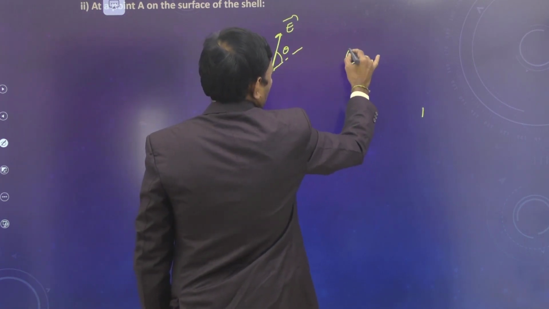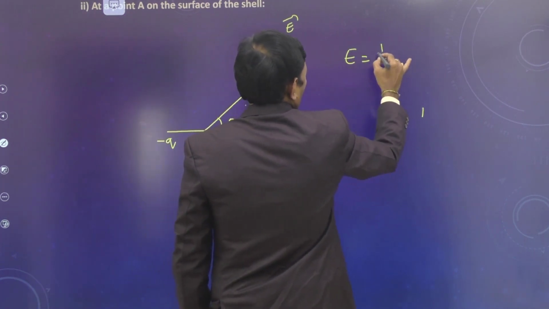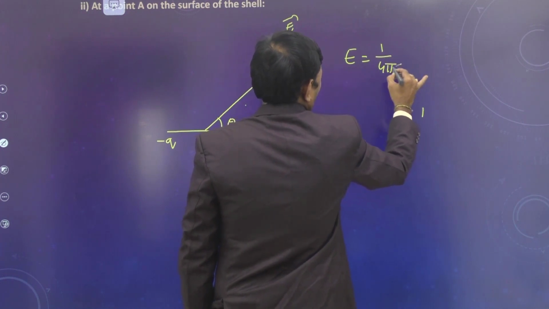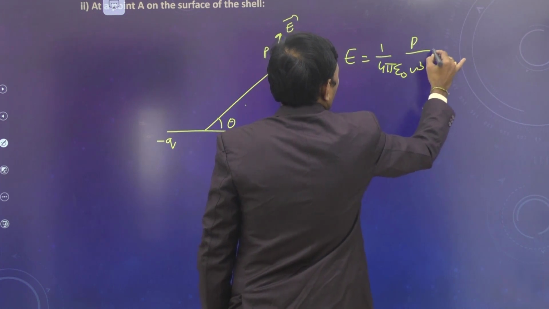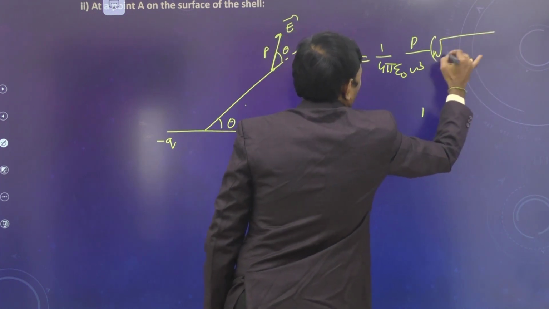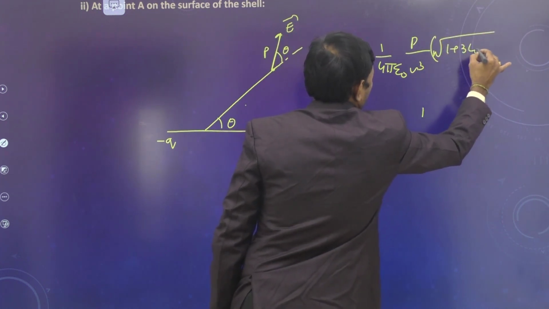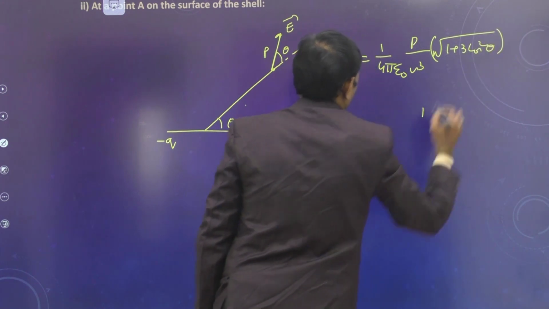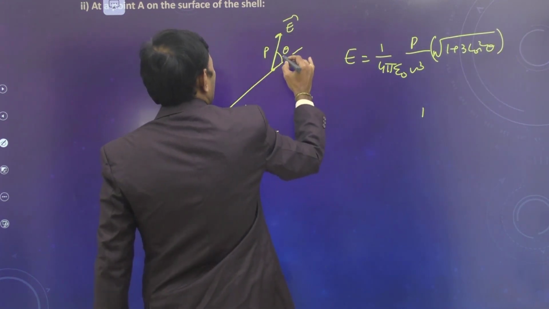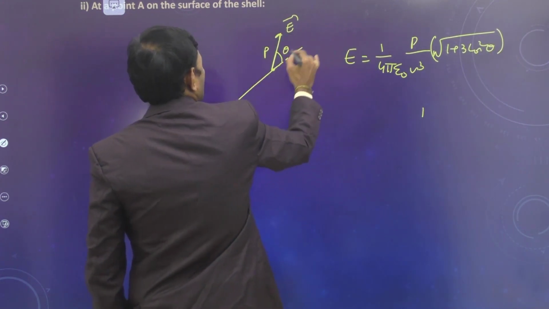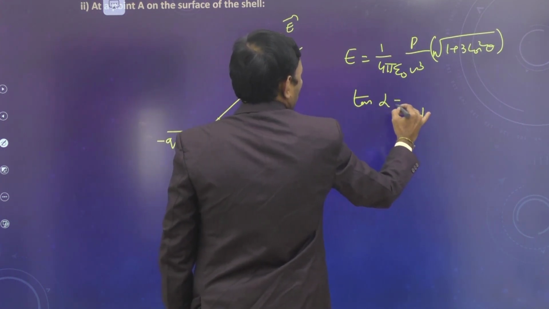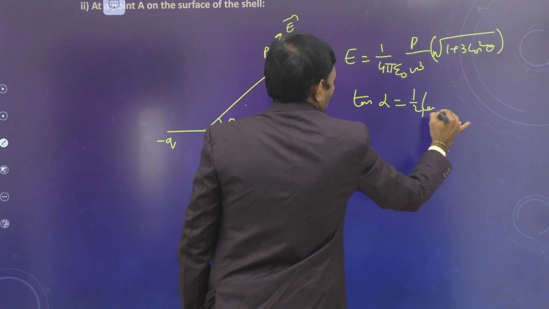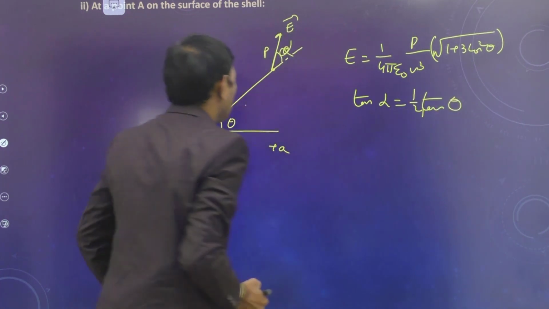Then that E is 1 by 4 pi epsilon naught P by R cube into square root of 1 plus 3 cos square theta. That's what I explained. And the angle made with the initial direction is alpha, such that tan alpha is equal to half tan theta.